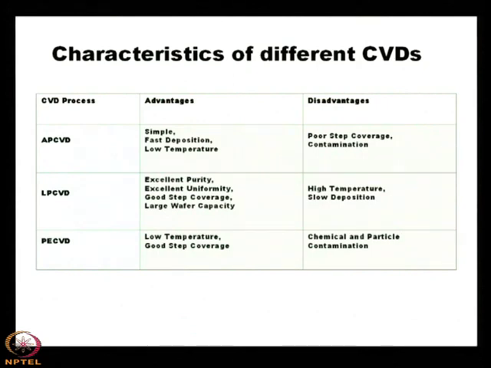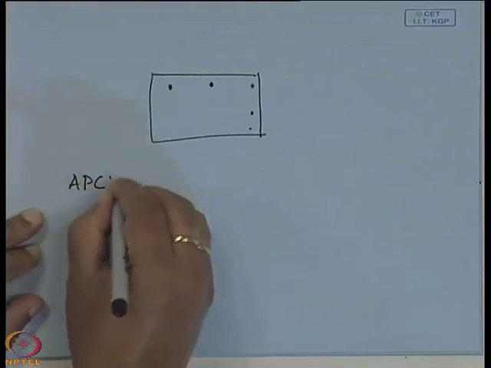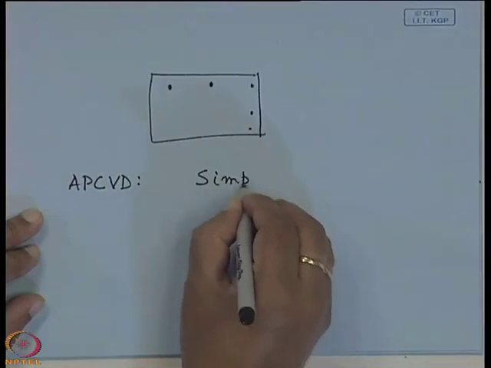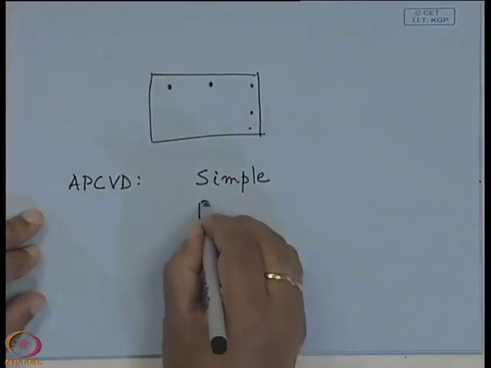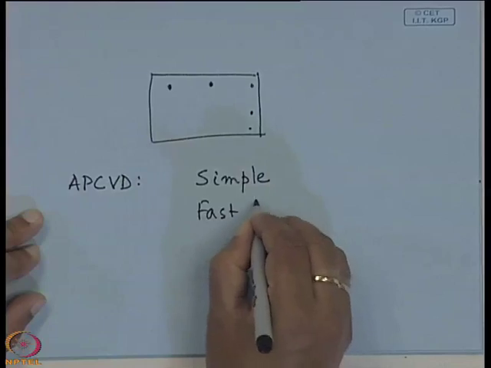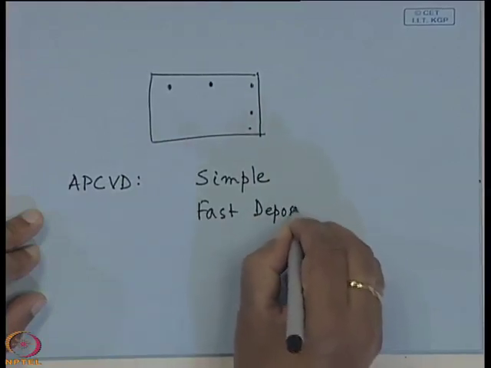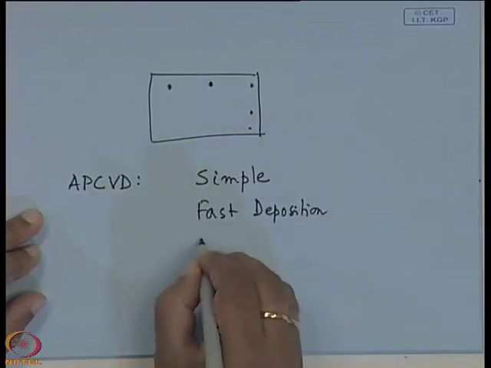These are the characteristics of different CVD techniques. I do not know whether you will be able to see it. For atmospheric pressure CVD, the advantage is that it is very simple. It is very simple, APCVD. Fast deposition, that means the growth rate is very high, and low temperature.